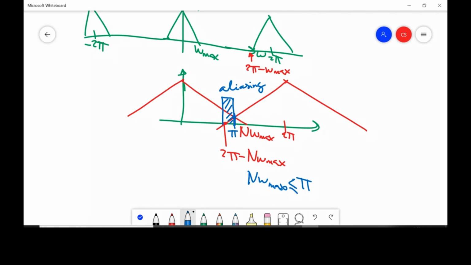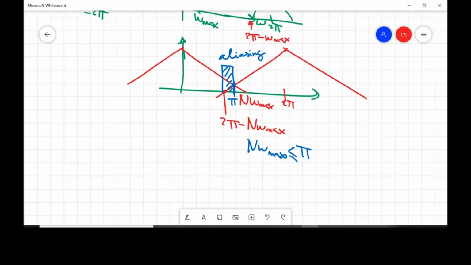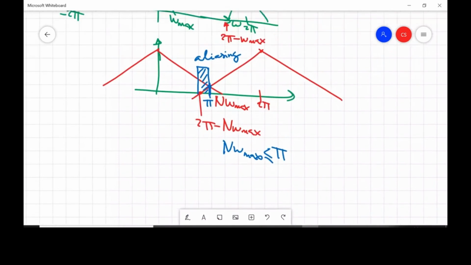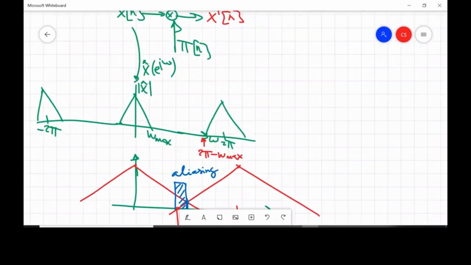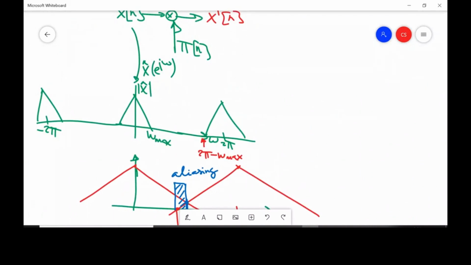Because otherwise there is overlapping, because this copy here will invade our minus pi area. And the same happens from the other side. So how would you clip your original spectrum to make sure that this condition is fulfilled, that the maximum doesn't go beyond pi?